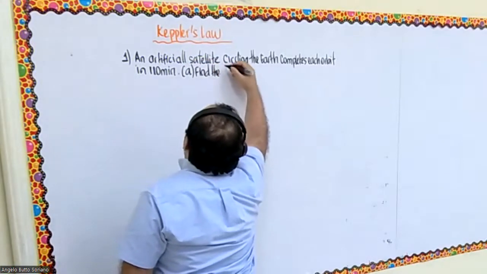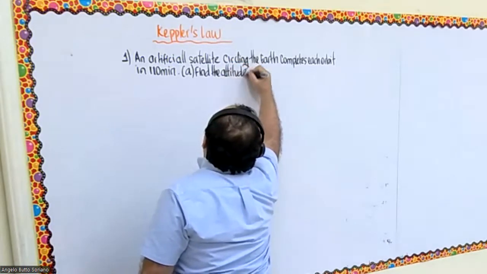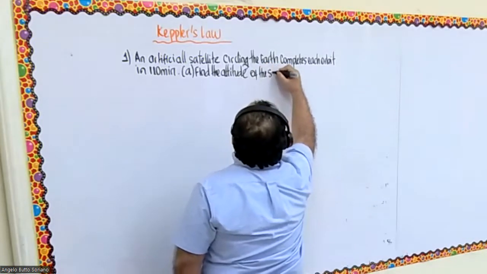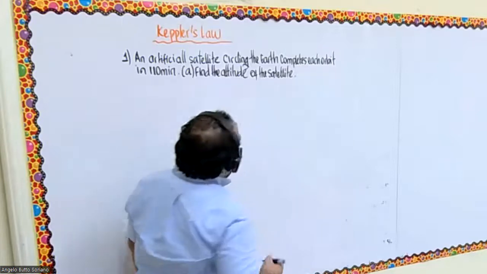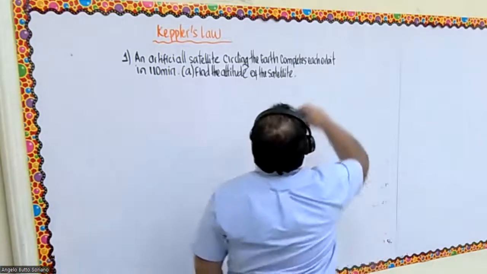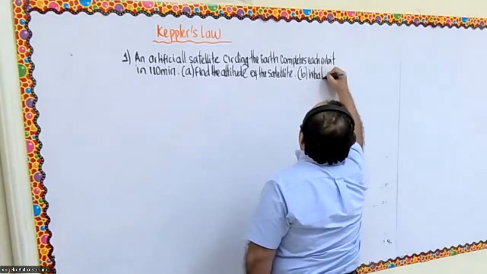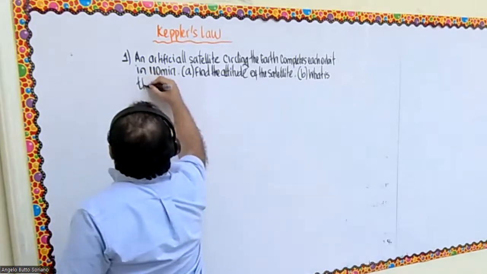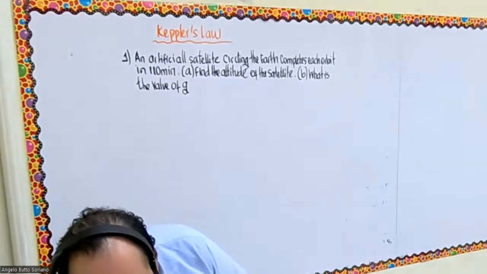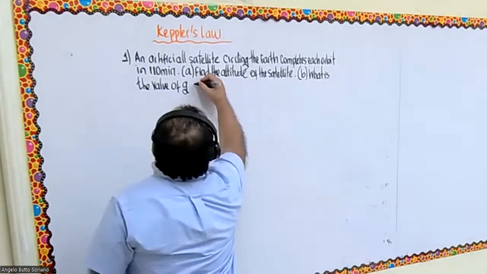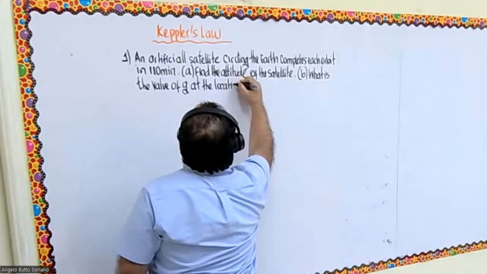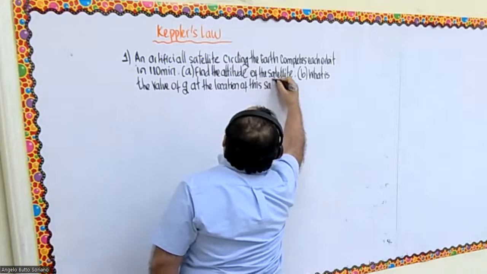Find the altitude of the satellite. And letter B is, what is the value of G, or the gravity, at the location of this satellite?